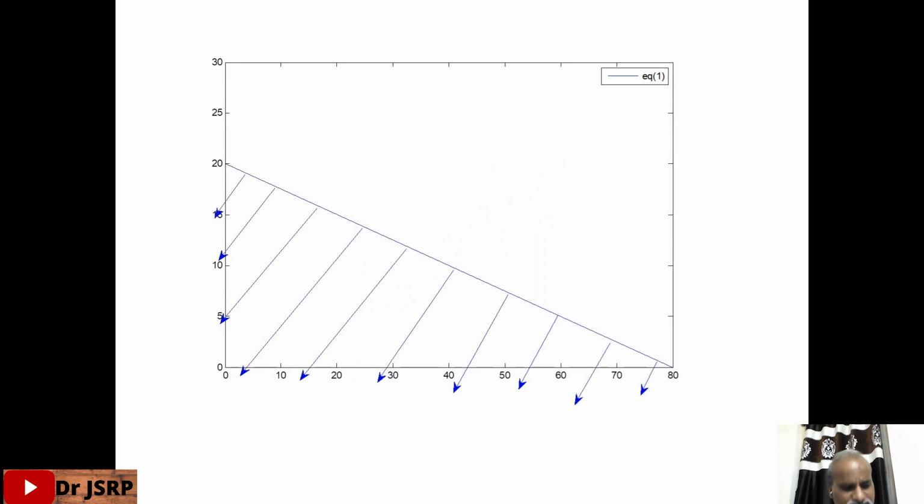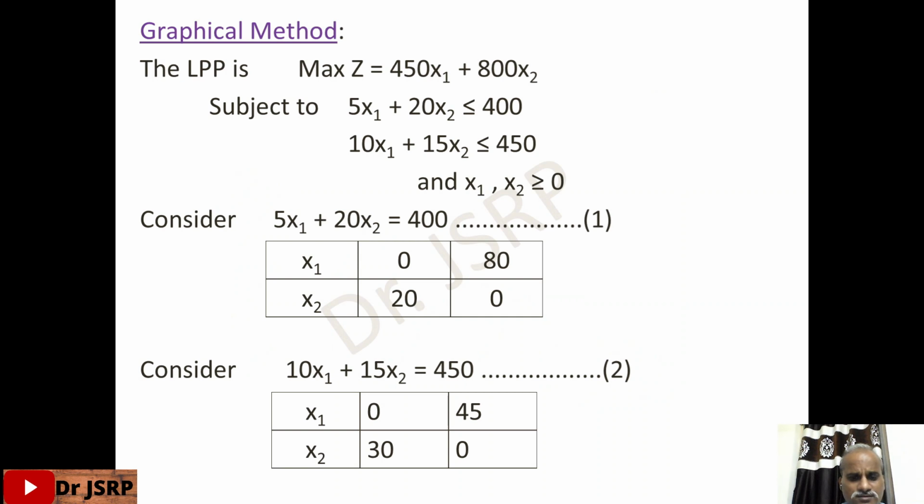Use a scale and pencil to draw the graph so that you can get accuracy. Observe the limits: on the x-axis the maximum is 80, on the y-axis the maximum is 30.